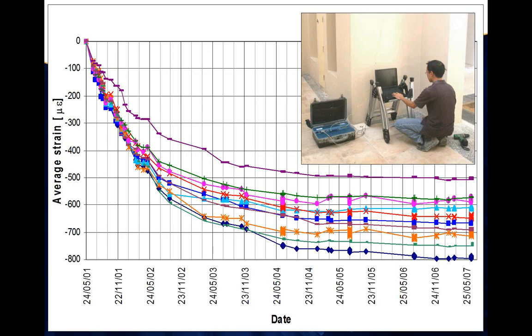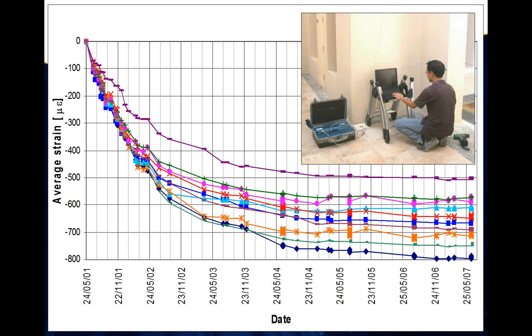On the picture here you can see an example of a measurement being performed, and the graph shows an example of measurements of the column deformation as a function of time. And as you can see, the top line represents a sensor that is basically an outlier. In this case, a column that is loaded much less than the other ones.